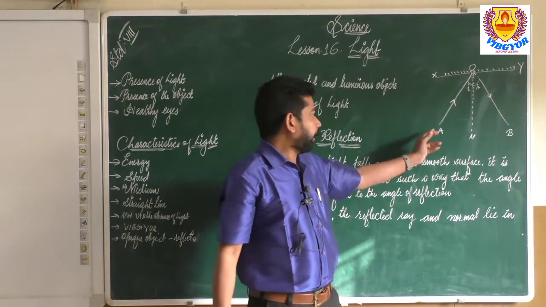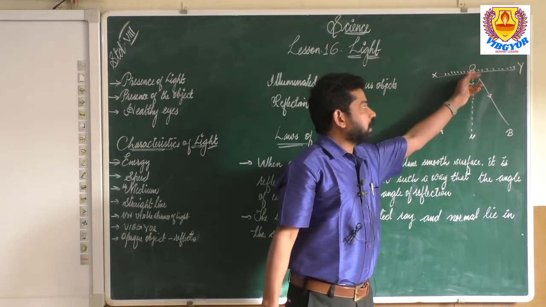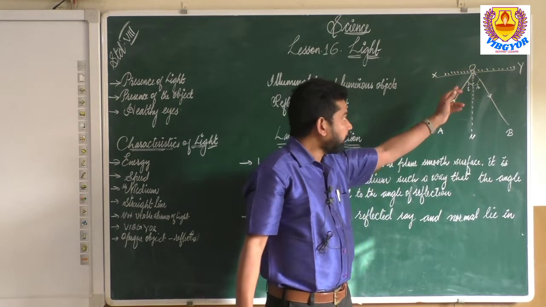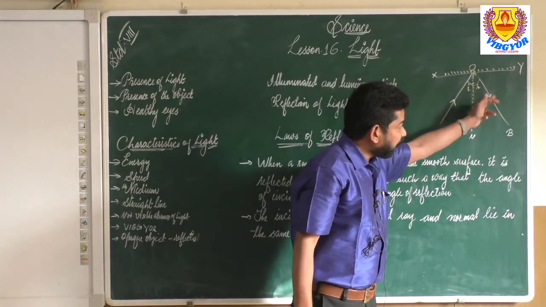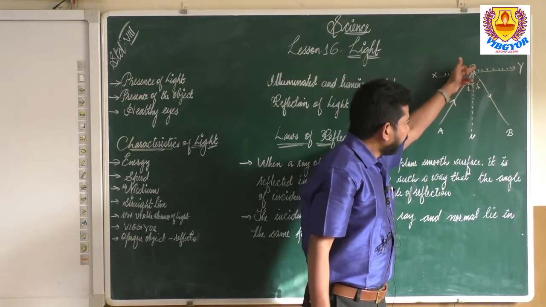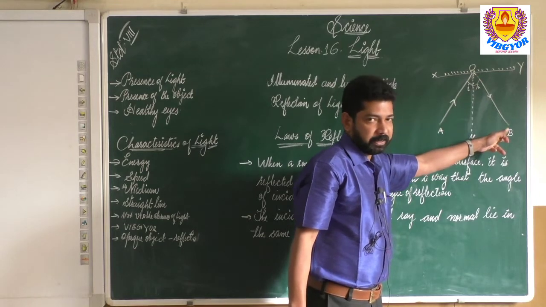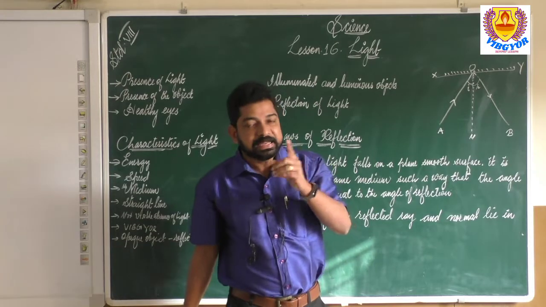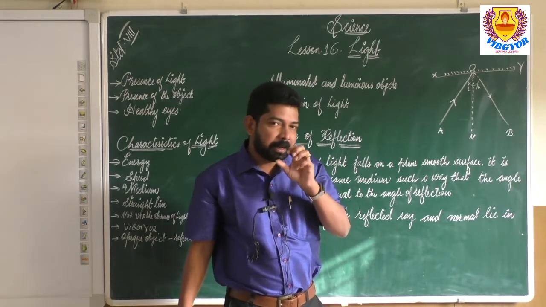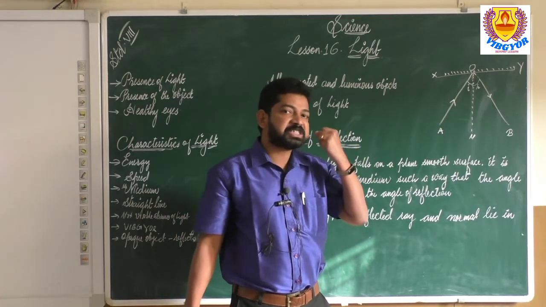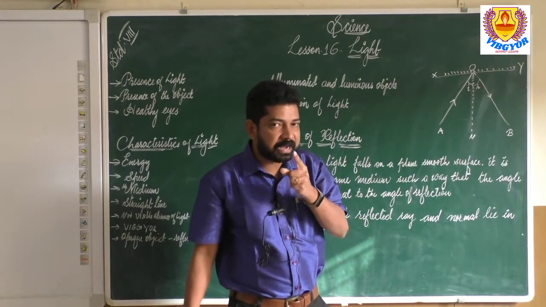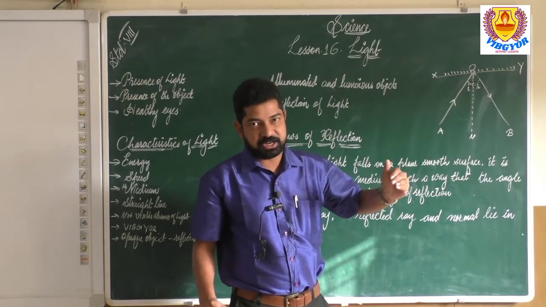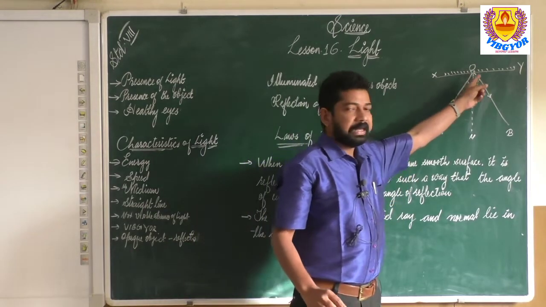A ray of light A falls on the mirror at a point O, and from the mirror it reflects as the reflected ray B. The ray that falls on the mirror is known as the incident ray, and the ray that comes out after reflection is known as the reflected ray.